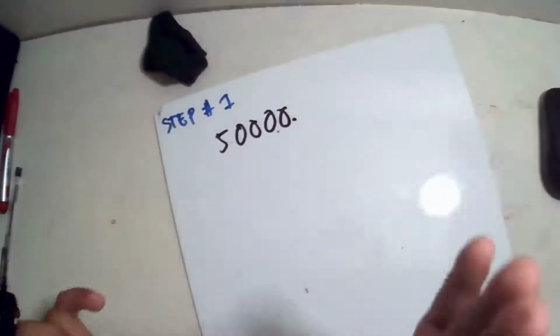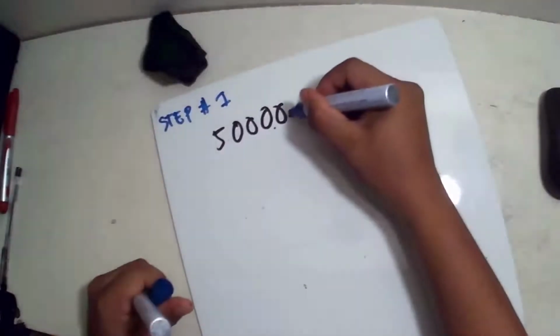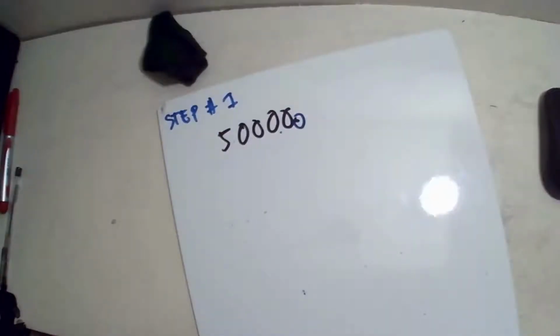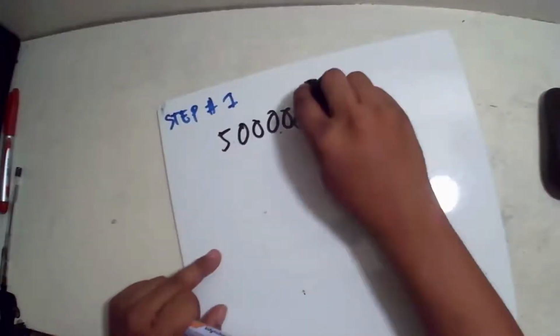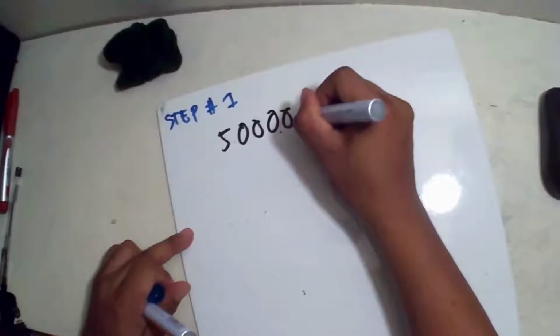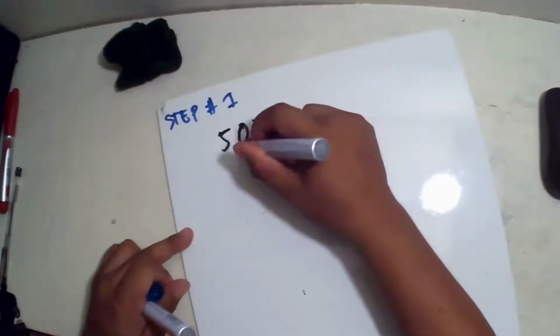Now, for step 1, we will transfer the decimal point to the right or left as long as it is after the non-zero digit. That is step number 1. How do we do that? Obviously, from here, 1, 2, 3, 4.